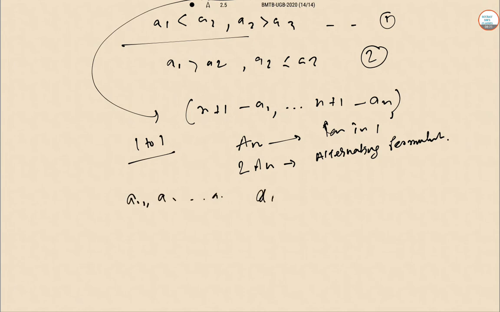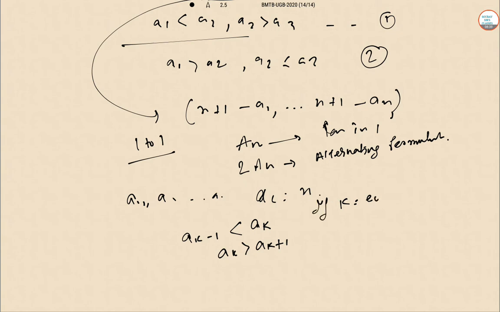So let ak equal to n, so that ak minus 1 is less than ak and ak is greater than ak plus 1. Now if k is even, then obviously a1, a2 dot dot dot ak minus 1 will have k minus 1 numbers, therefore a of k minus 1 different permutations.